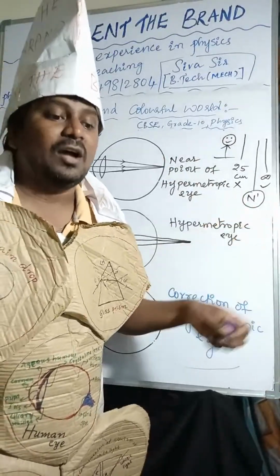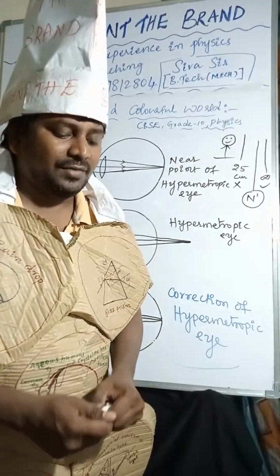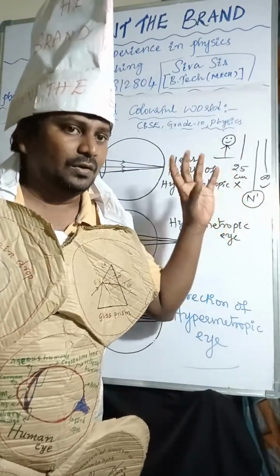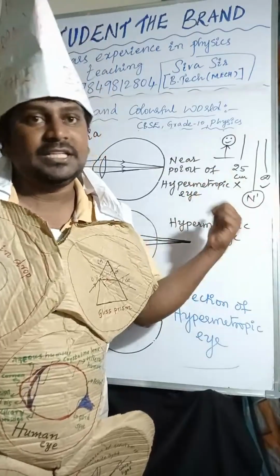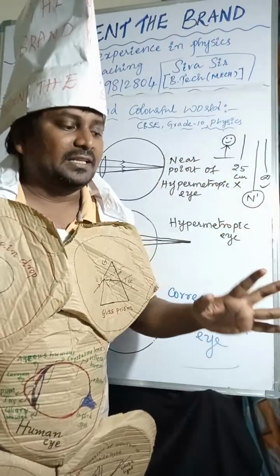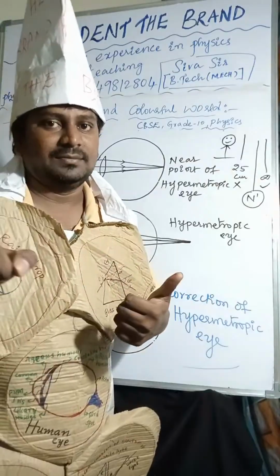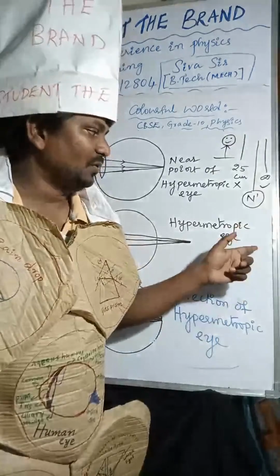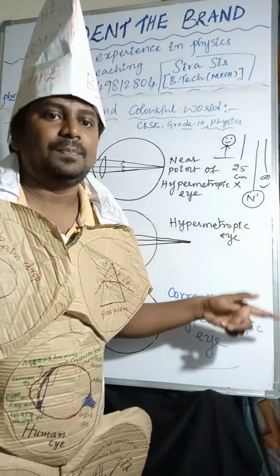For drawing the diagram, I gave nearly five techniques to excel in this concept. Technique number 1, the song I created, so we can remember. Technique number 2, the words myopia and hypermetropia.